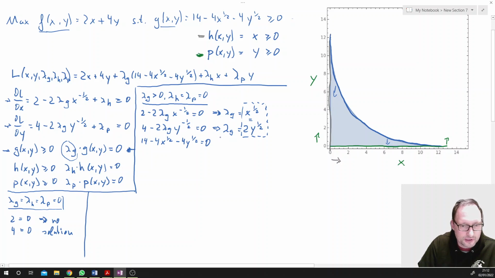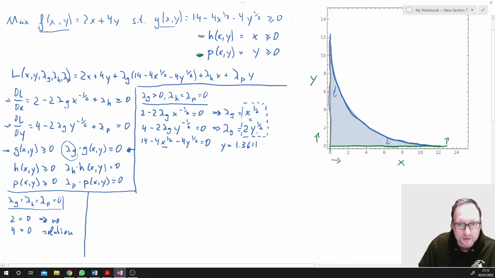Okay, and now we can substitute that into the third equation. For instance, you can replace x to the half here with 2y to the half, and then you get an equation only in y. I'm not going to go through all the algebra here. What you get is a y value of 1.3611.